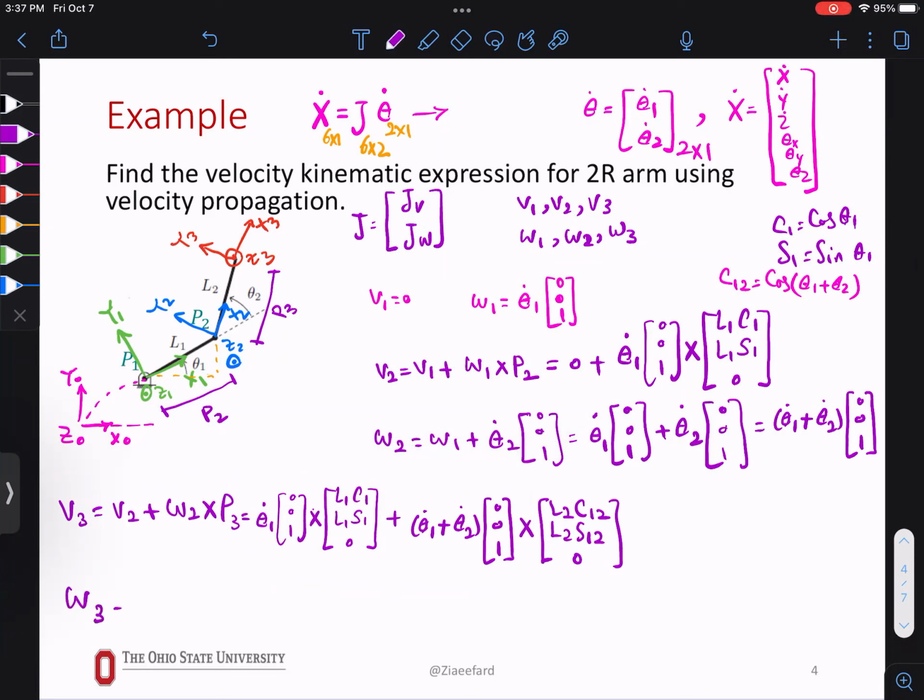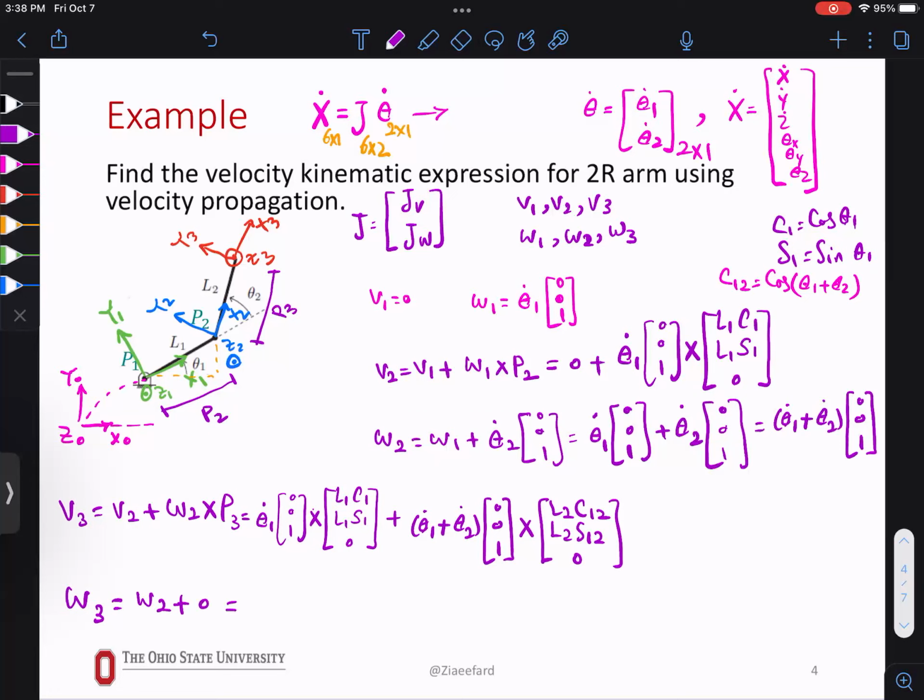Omega 3 is omega 2 plus, right? The previous angular velocity plus what? What's the angular velocity at the end effector because of the end effector? 0. It's not a joint. So your last angular velocity at the end effector is just whatever was before. So it's plus 0.